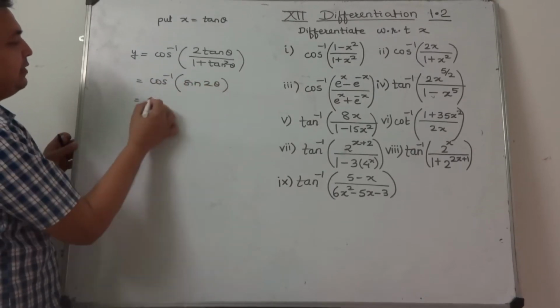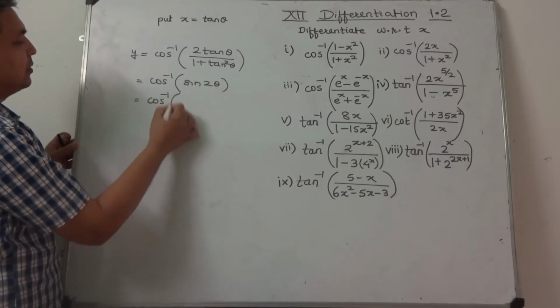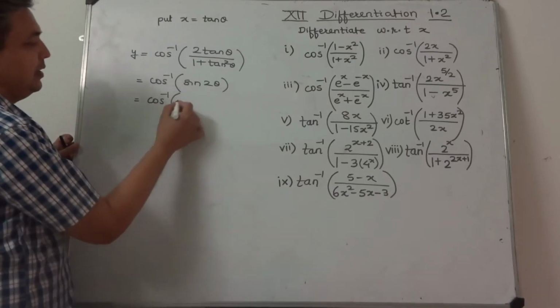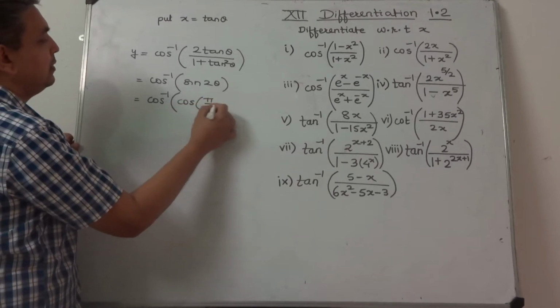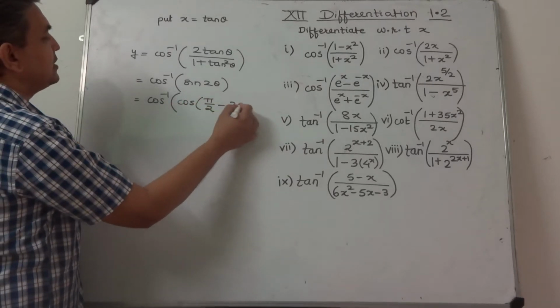Now this is sin, we convert it to cos, complementary ratios. Sin theta can be written as cos of pi by 2 minus theta.